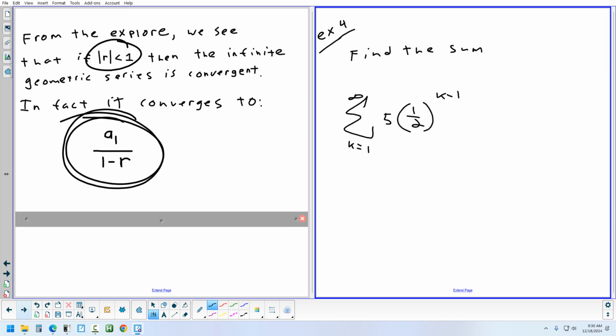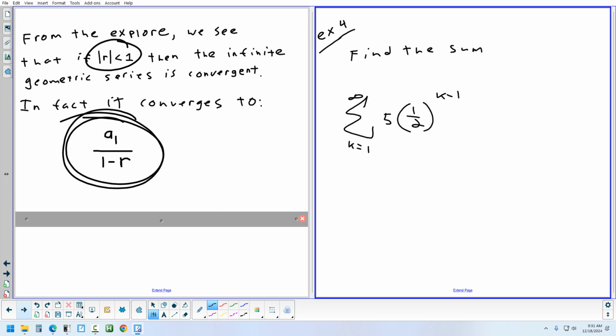All right, so let's look at this one. They want us to add up every number from 1 to infinity in that formula. First of all, is this the type of problem that's going to converge, or is it going to diverge?